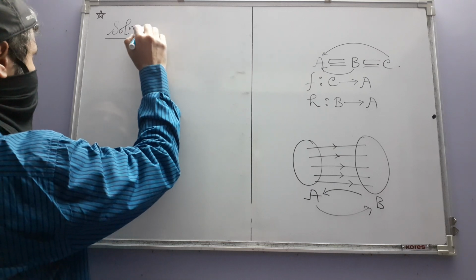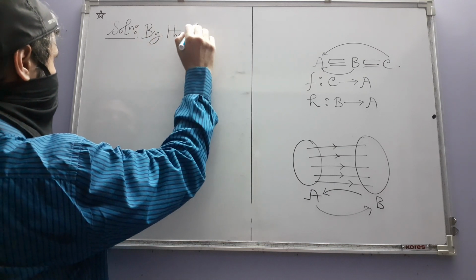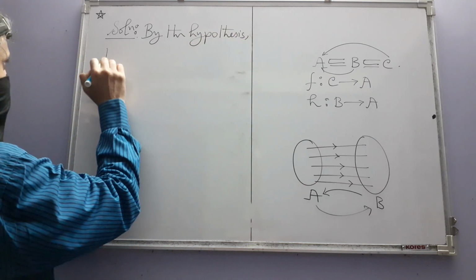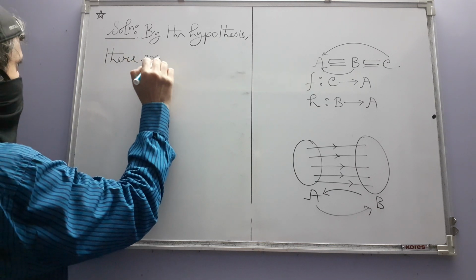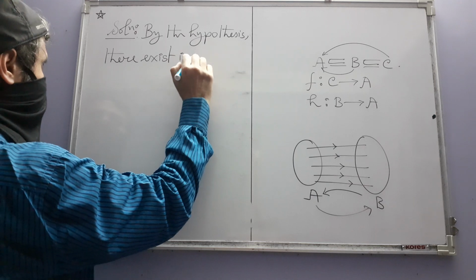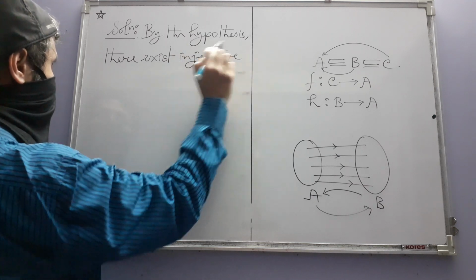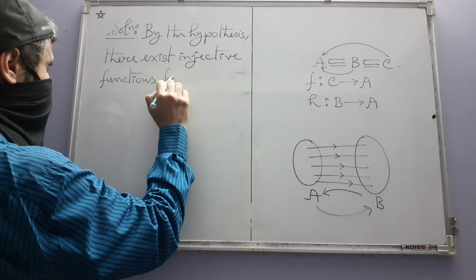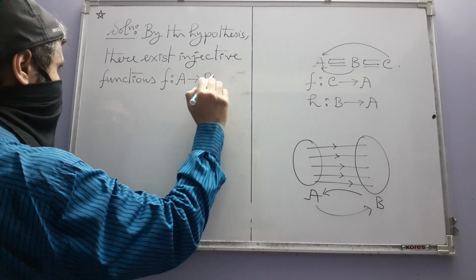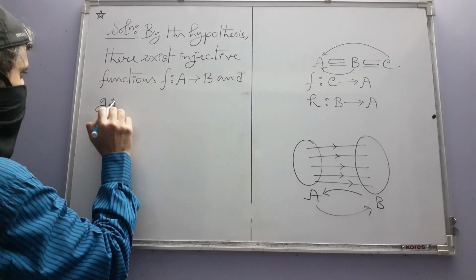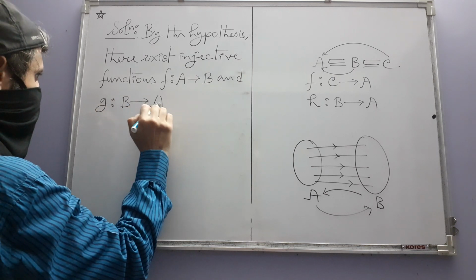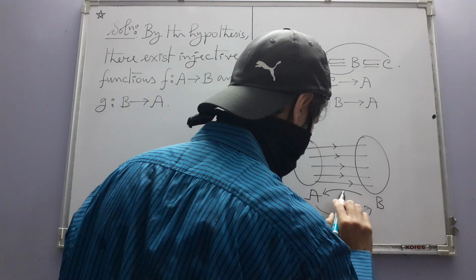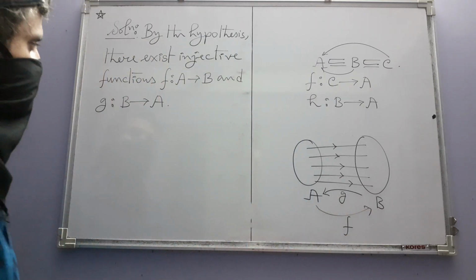Solution. By the hypothesis there exist injective functions f from A into B and g from B into A. Okay, so this is f and this is g, and they both are injective functions.